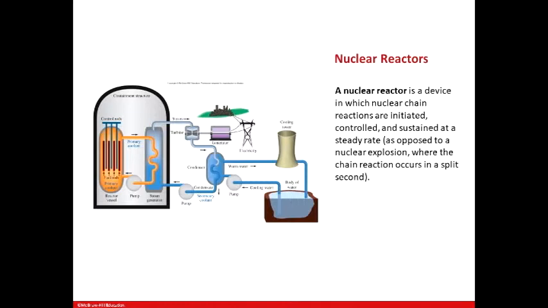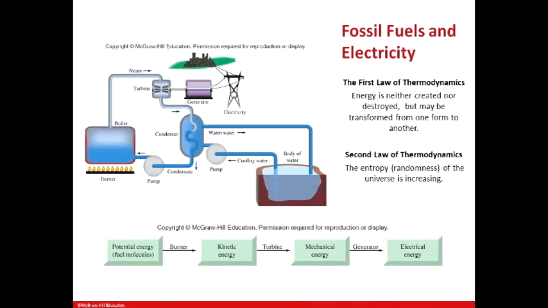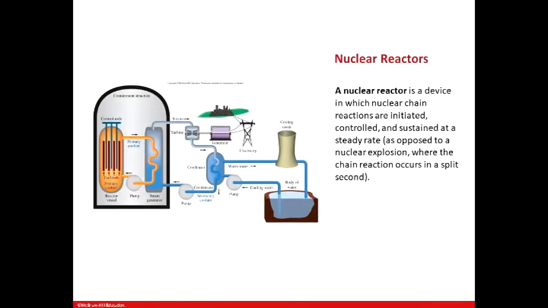In a fossil fuel power plant, we have fossil fuels for the burner: fuel oil and coal. In a nuclear power plant, we replace that burner with a nuclear reactor. Follow?